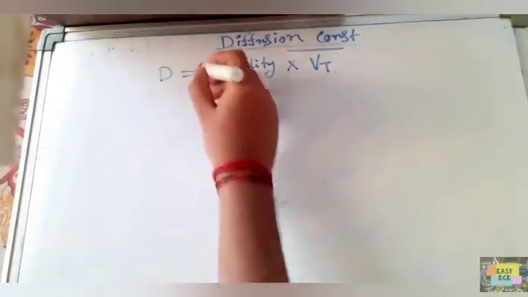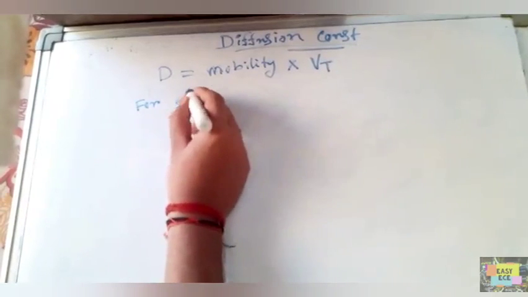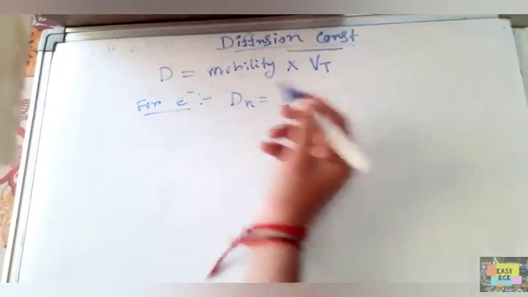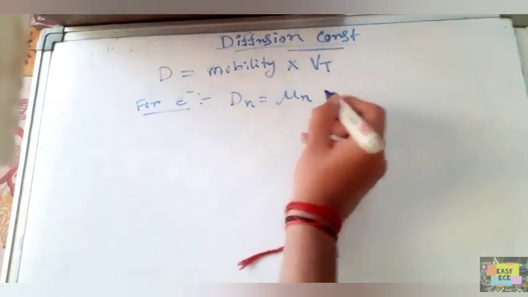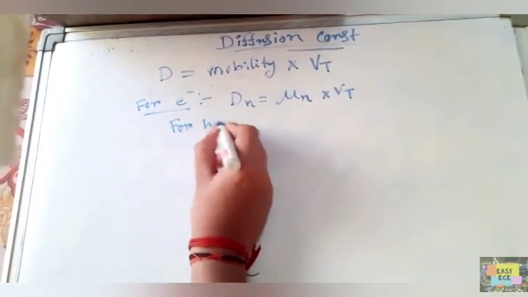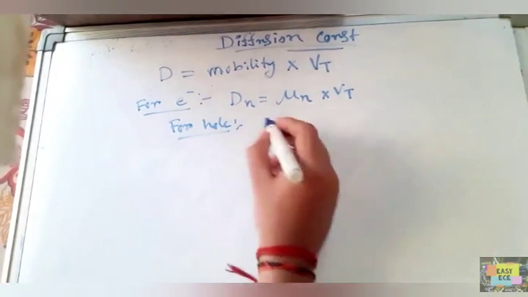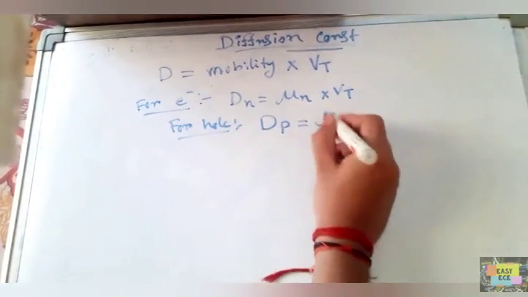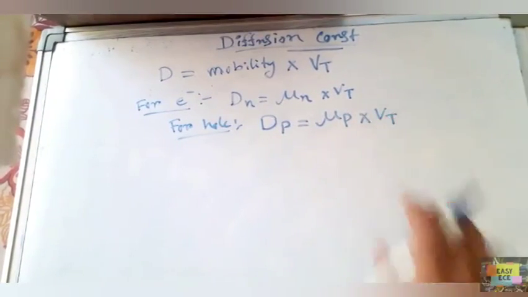So for electrons, the diffusion constant is Dn equals mobility of electrons, mu n, into Vt. And for holes, the positively charged carrier, the diffusion constant is Dp equals mu p, the mobility of holes, into Vt.